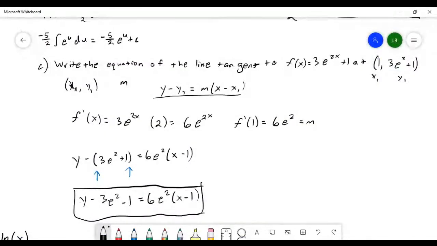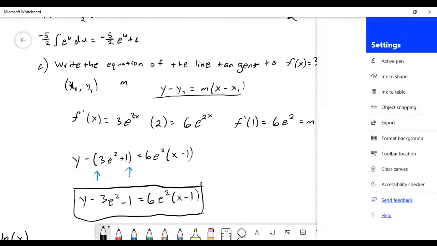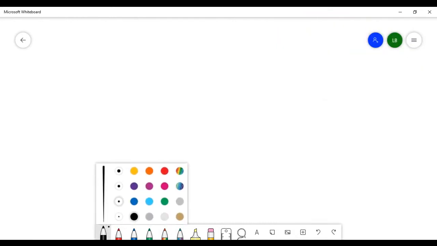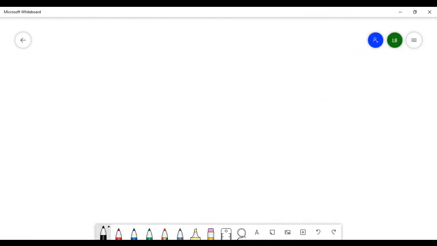All right. Let's go ahead and move on to talking about some bases other than e with regards to exponential and logarithm functions.